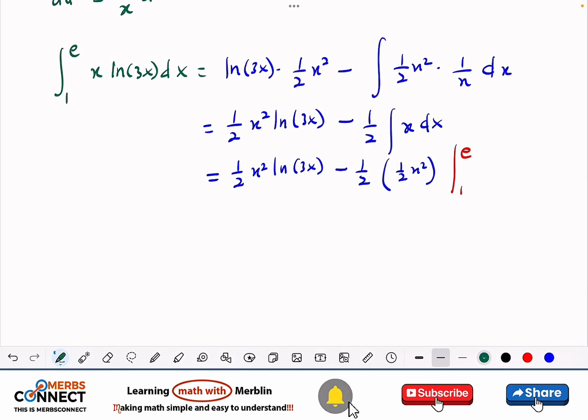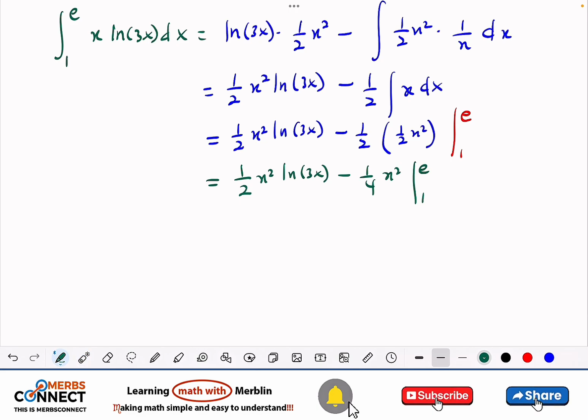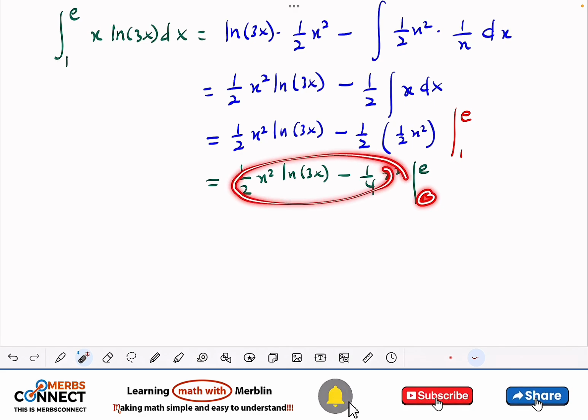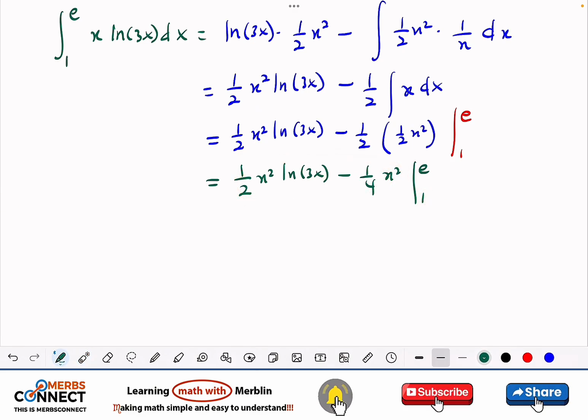Now when I simplify, 1 over 2 x squared natural log of 3x minus 1 over 4 x squared from 1 to e. Then the last thing that I need to do is plug in e inside the whole function minus 1 inside the whole function.